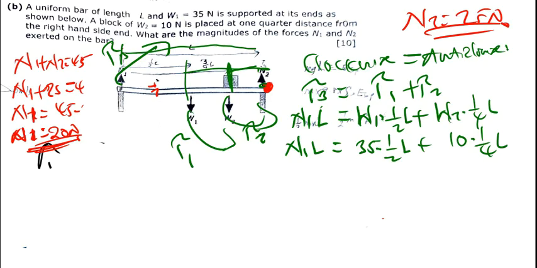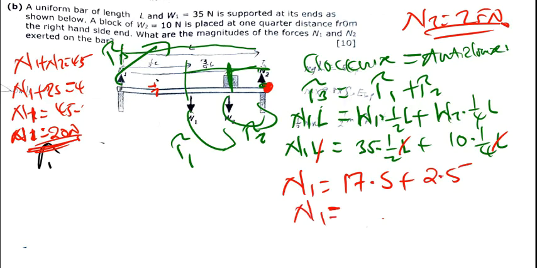I can cancel L. So I have N1 equal to 35 divided by 2, which is 17.5, plus 10 divided by 4, 2.5. So N1 will be equal to 17.5 plus 2.5, which is 20 newtons. As you can see, using that one and this one, I'm able to get the same answer. So that is it for this question.